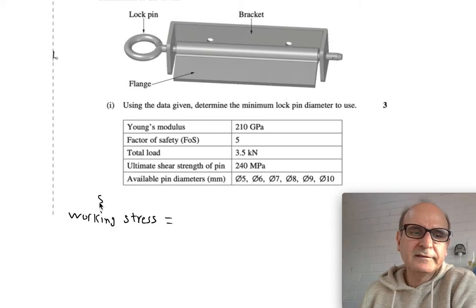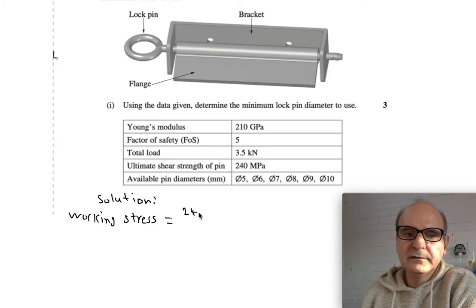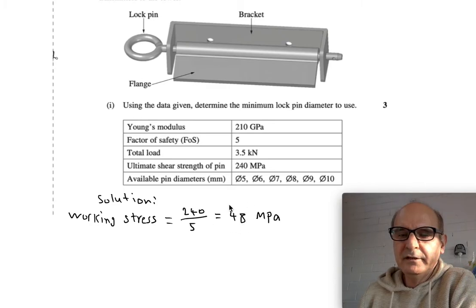And working stress is equal to the ultimate shear strength, which is 240, divided by factor of safety, which is 5. If we did that, we get 48 megapascals. That is the stress that we are letting the pin to carry.